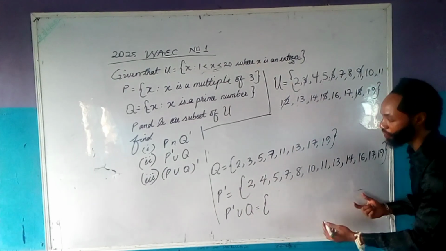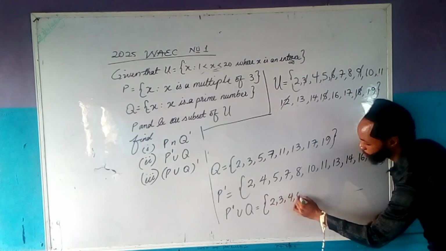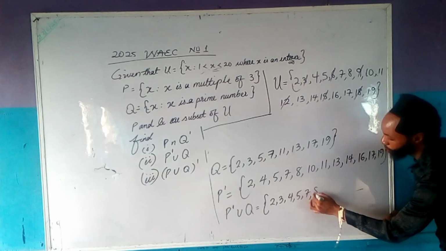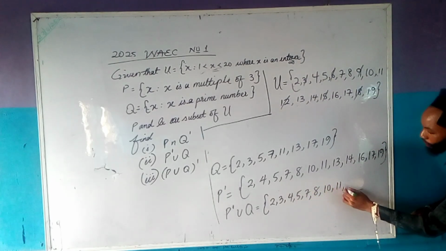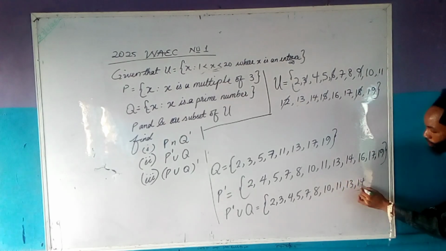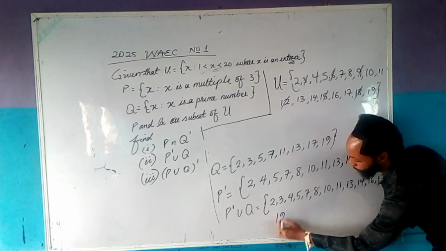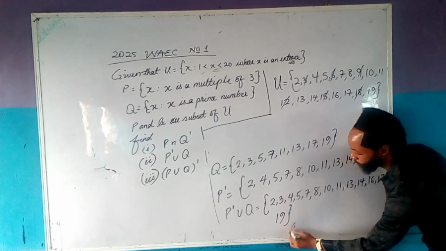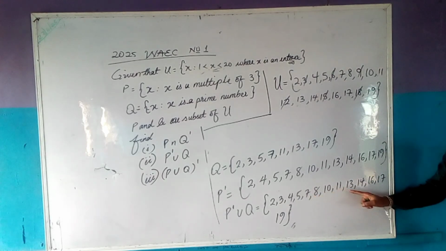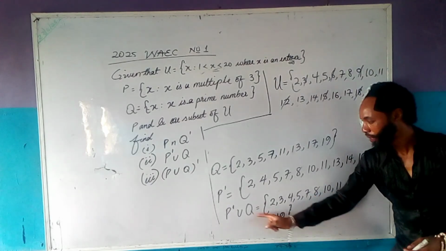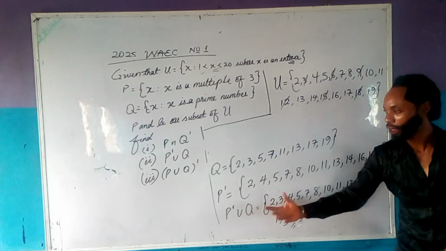So we have 2, 3, 4, 5, 7, 8, 9, 10, 11, 13, 14, 16, 17, and 19. And this is our P complement union Q. That's it.